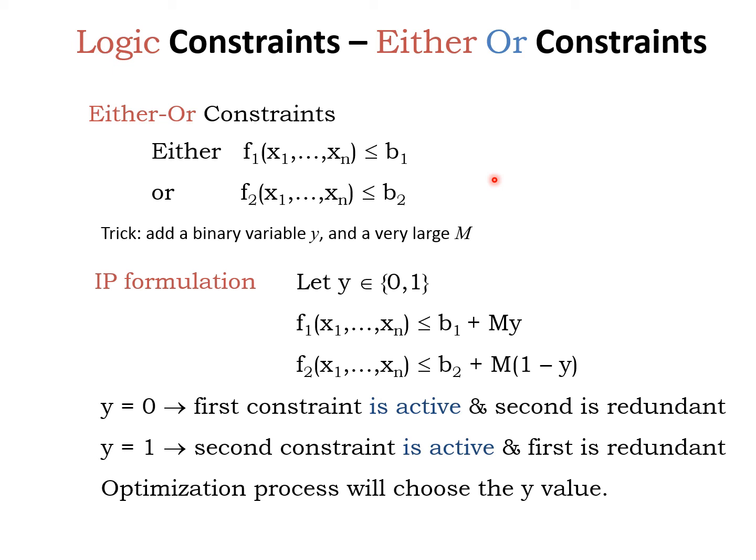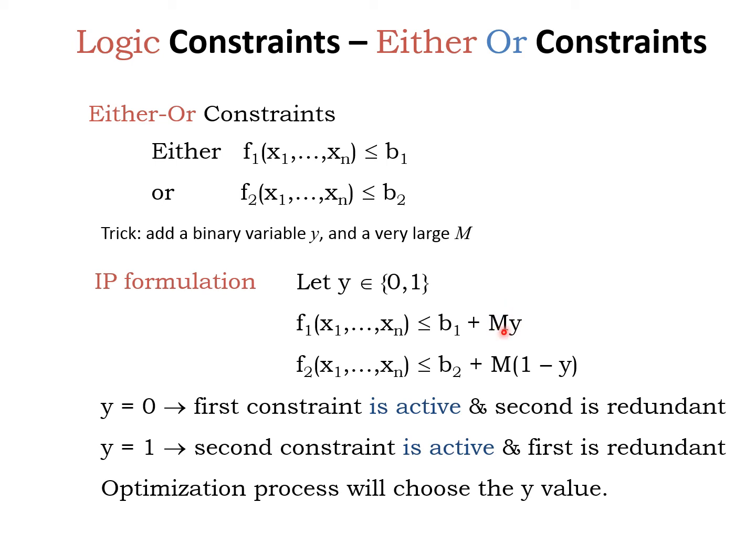A very simple trick is to add a binary variable to one of them and multiply the other by 1 minus that. So M is a very large number, and y is a binary variable, either 0 or 1. I multiply one of the constraints by M y, and I multiply the other constraint by M times 1 minus y.